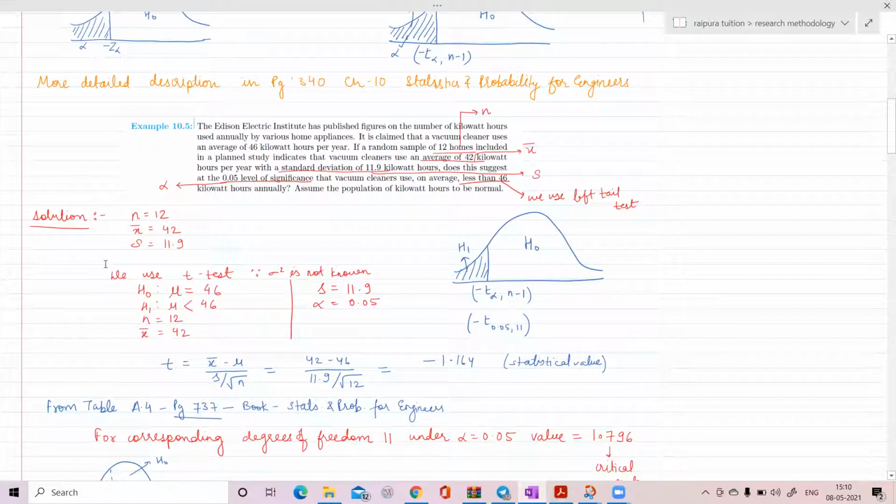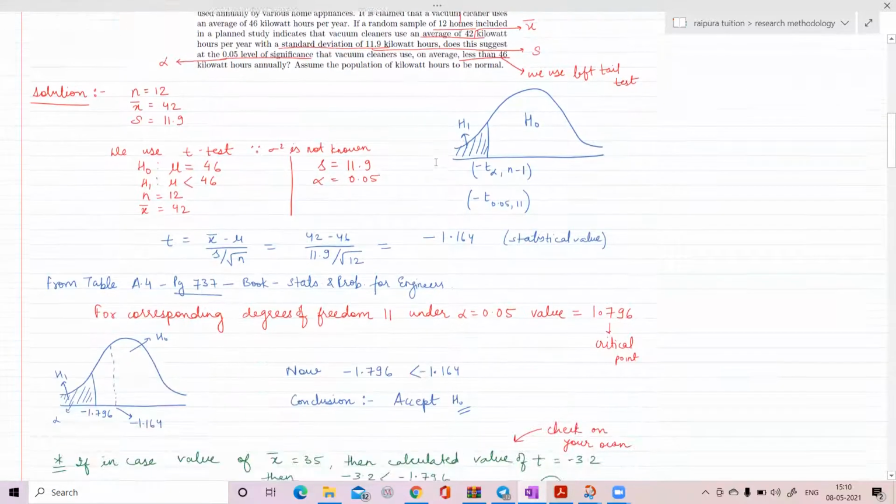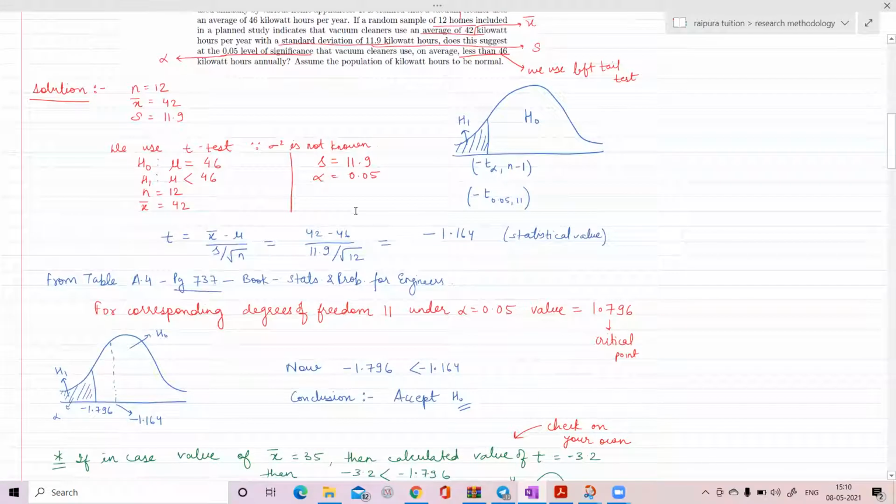So we can find all these corresponding values from the question itself. Now what we have to do is calculate the value of t, and the calculated value of t is minus 1.164. For this, we also need to find minus t alpha comma n minus 1, which means we need to find the value for degrees of freedom 11 corresponding to 0.05.